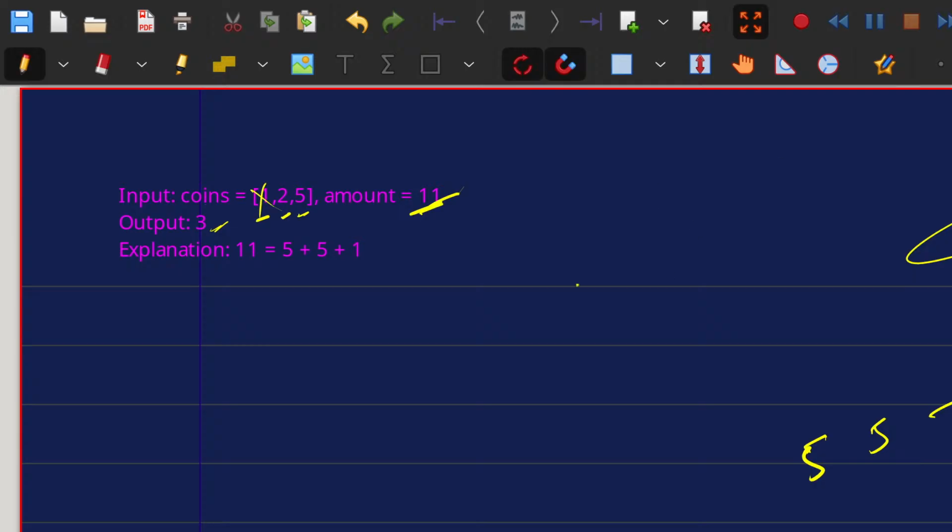Sometimes the greedy approach may fail. Let's say there was a coin of 4 here, so 1, 4, 5 and 6. These are the coins, let's say.